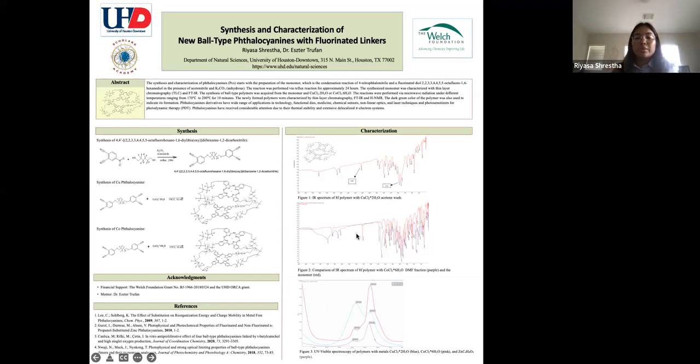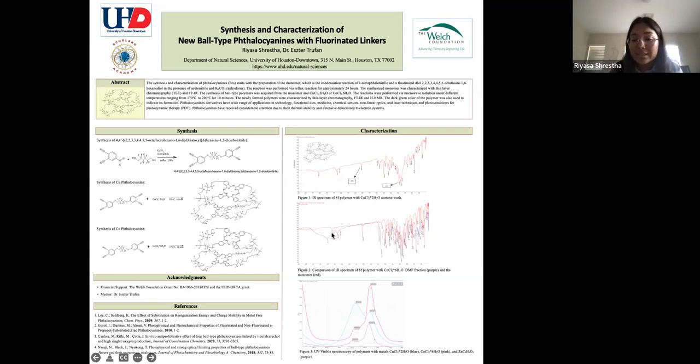The main primary peak that we focused on was the 2235 peak shown here, which is the peak for the C≡N triple bond in the monomer. Mainly when we take IRs, we are looking for the consumption of the monomer. When we get our ball-type phthalocyanine, we will see if all the monomer has been consumed or not, and so the 2235 peak will not show at all.